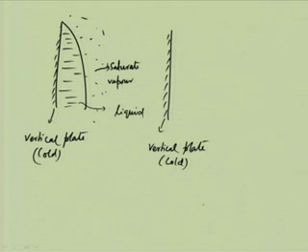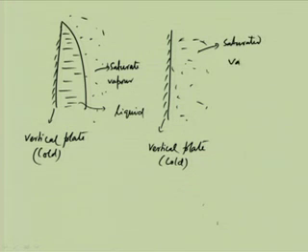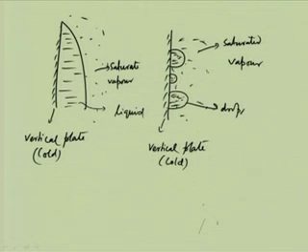This is the cold plate, and here there is saturated vapor. And what is happening here? Consider like this: these are all droplets, drops.